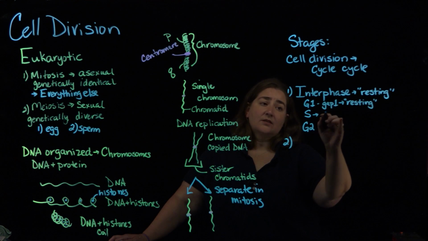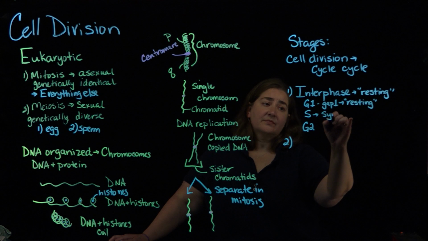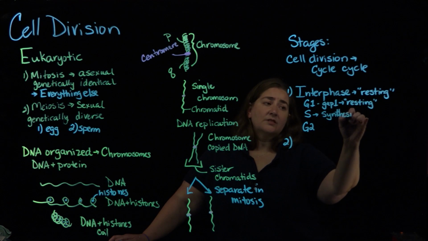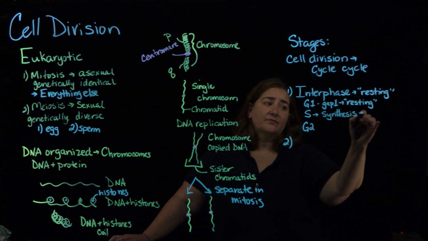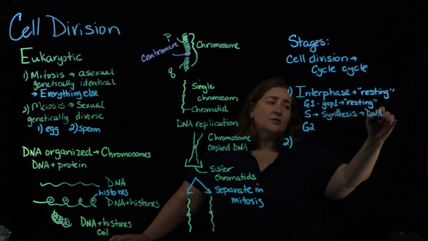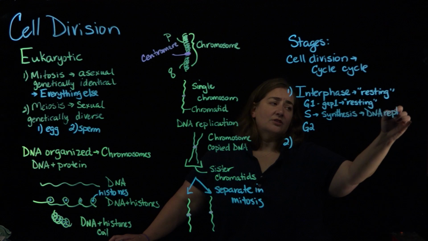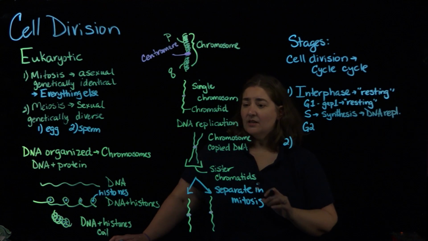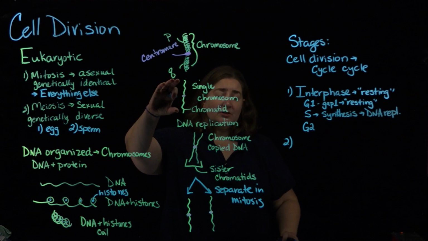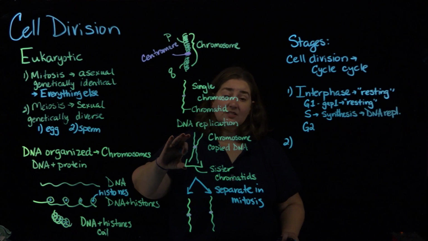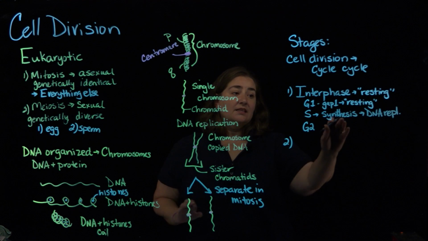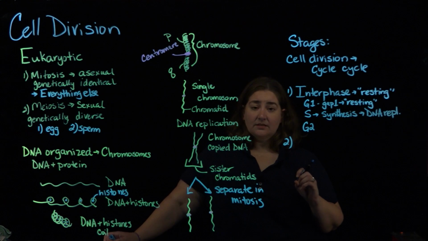With S phase, this is going to be the synthesis stage, all right? This is going to be where DNA replication happens, okay? So here where we go from our single chromatid to our sister chromatids, that's going to happen during S phase, okay?